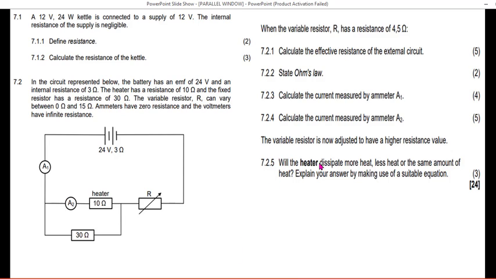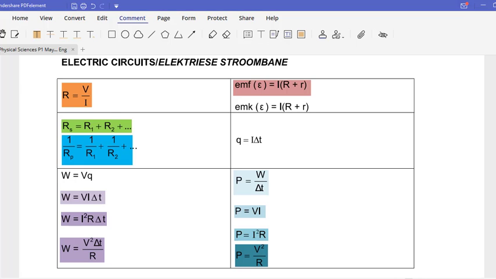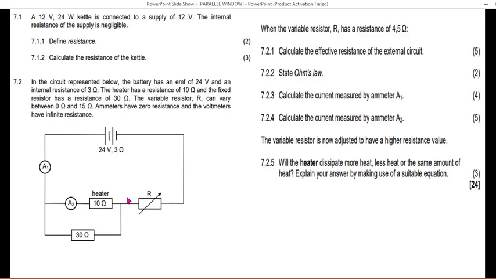So let us look at what we have there. They say, will the heater dissipate more heat or less heat? Now let's see how this change affects the power or the voltage. Remember, the elements of power are voltage and current. So when we increase resistance this side, what happens? Let's remember that this parallel section and this variable resistor are voltage dividers, and they divide the total voltage proportionally.